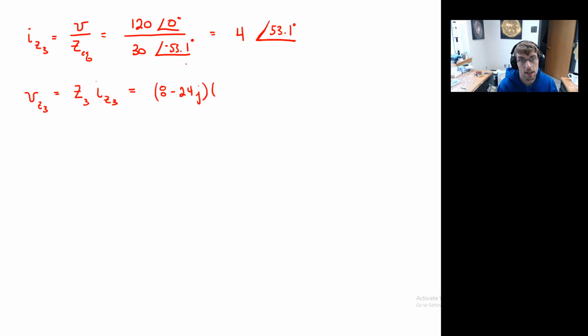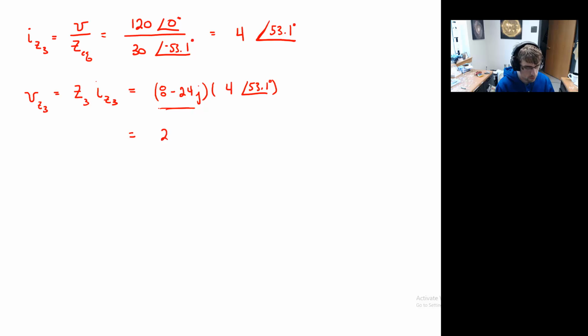And then I have times this phasor. So right now, this is not probably the right way to do it. I've kind of mixed notations, right? This is Cartesian coordinates. This one's in polar coordinates. Let me go ahead and get this in polar coordinates. So we have the square root of 64 plus 24 squared. Okay, so it's a shade above 25.